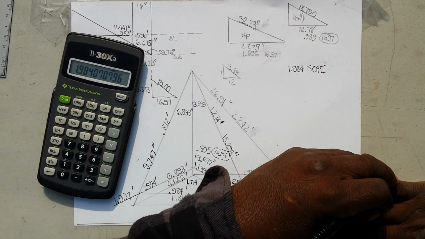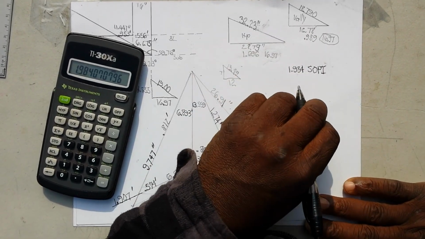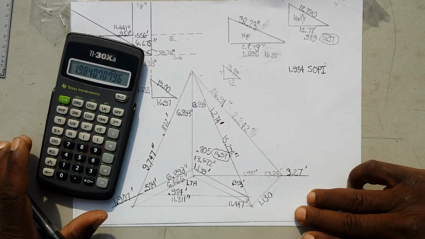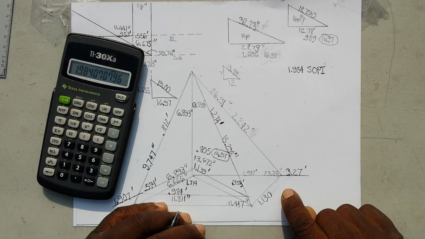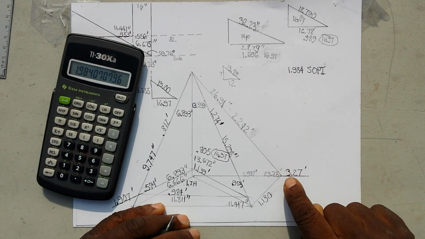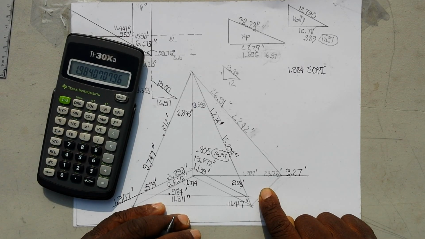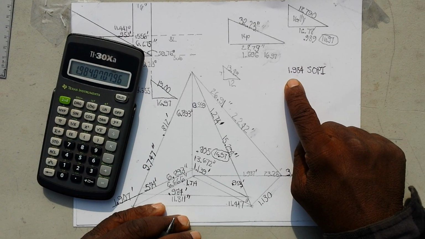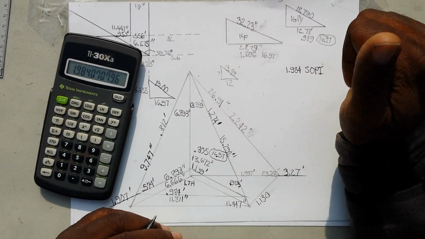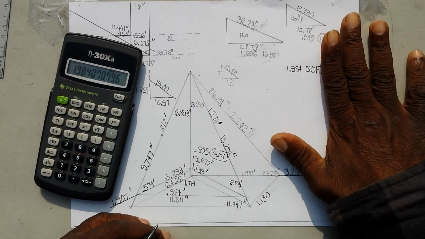SOPI is what I say. It's your SOPI. So we know that for every inch of run, it's 1.984 inches.